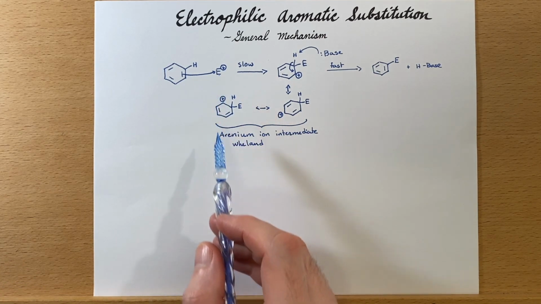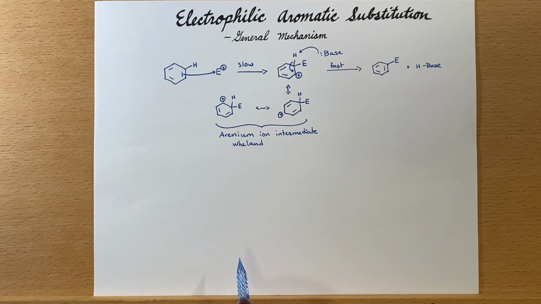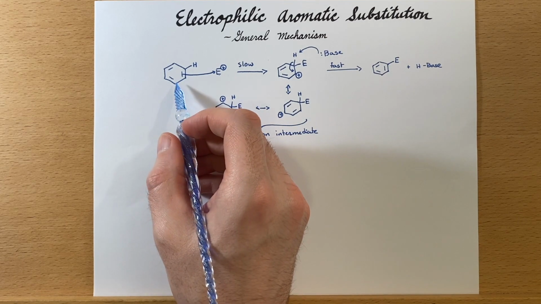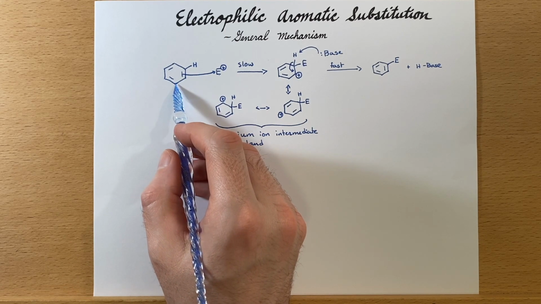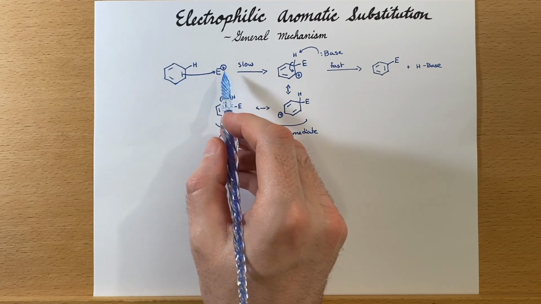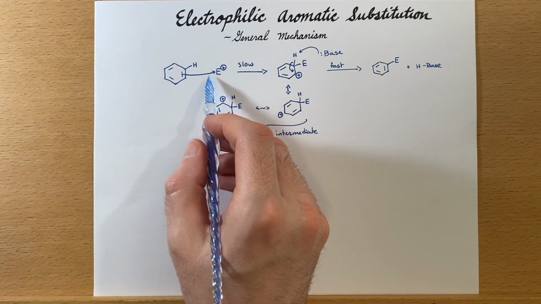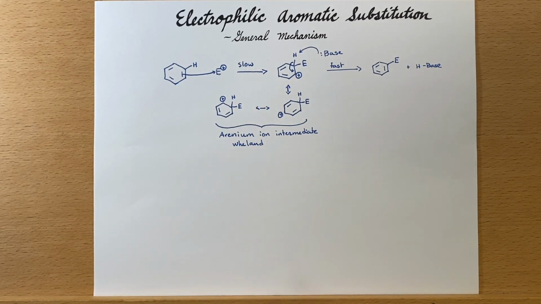Generally speaking, most of the time we're generating our electrophile in situ. A lot of these electrophiles are very reactive, and so we'll generate those as we go along, often catalytically. But it is important to consider the reaction kinetics: the aromatic ring, of course, is part of that rate determining step, but also the electrophile. And so the concentration of these two species will drive the rate of the reaction.